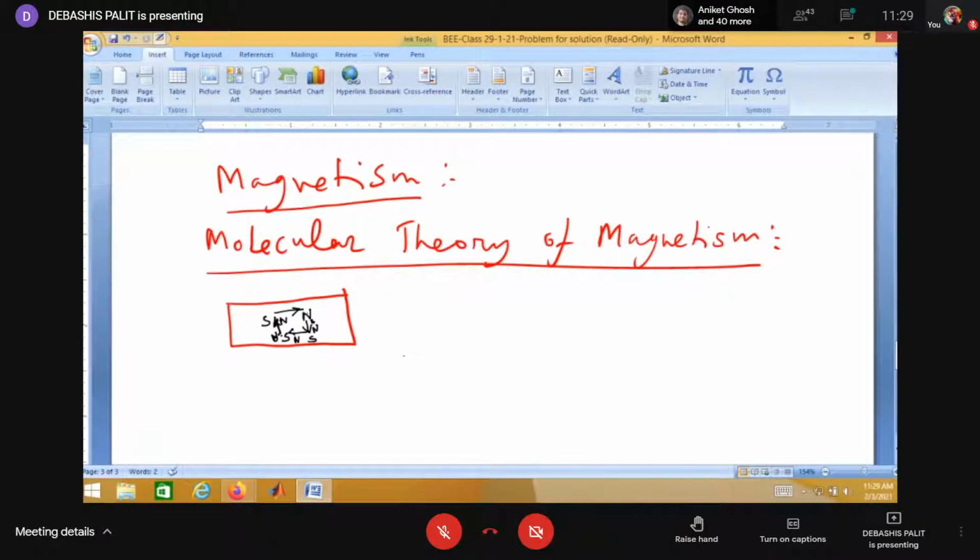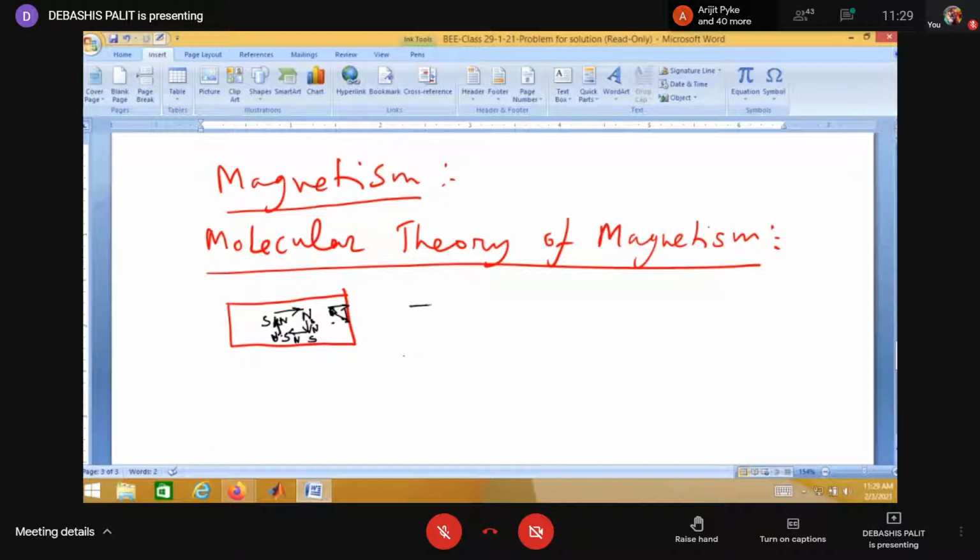Ultimately, these are interlinked with one another, and this kind of paths are interlinked. Here each line represents one element. N to S is one Weber element. Okay, so N to S is one Weber element.